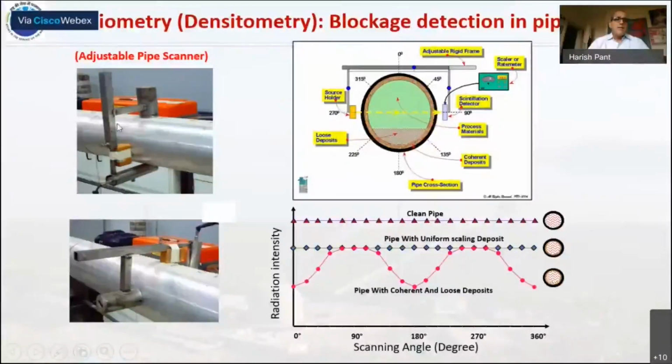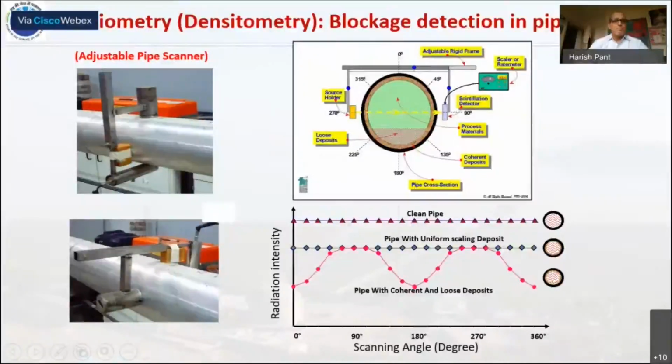You can scan the pipeline in the axial direction, and at a particular location where you feel there could be a high blockage, or you want to see the blockage in detail, one can scan it in the angular way, at different angles.